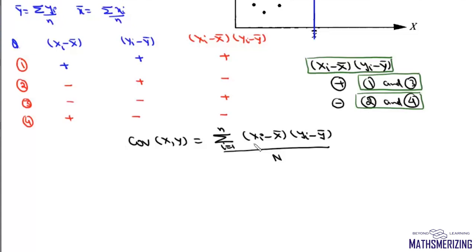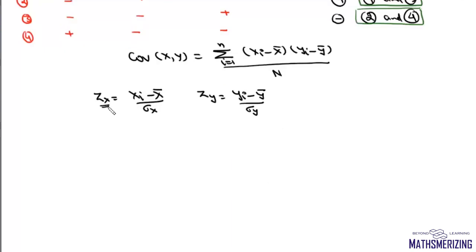So rather than taking variables as x and y, we'll define these variables zx as xi minus x bar upon sigma x and zy as yi minus y bar upon sigma y. Now if we define covariance for these standardized variables, we call it correlation and we write it as correlation of x and y.